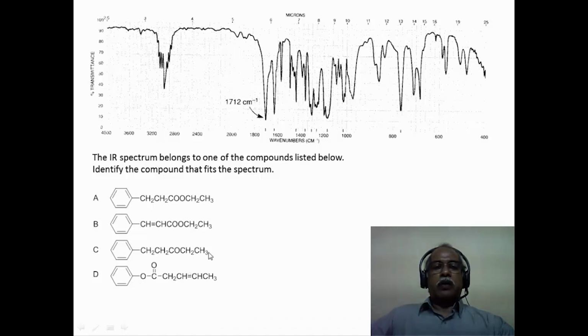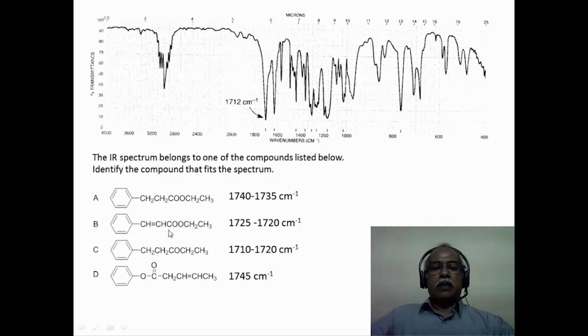If one were to look at the esters, the saturated ester comes around 1750, 1740 inverse centimeter frequency, and if it were an alpha beta unsaturated system, it will come around 1720 or so. So one can expect the saturated ester to be ruled out because the carbonyl stretching frequency is actually seen at 1712, so this can be ruled out.